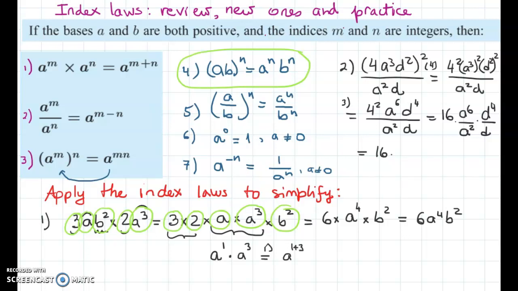So I'm going to use over here the property number 2. That is the one we have here. We haven't used it that much yet today. So I'm going to write that this is a to the power of 6 minus 2, so a to the power of 4. And then we have d to the power of 4 divided by d. Remember that we can see that as d to the power of 1. So we have d to the power of 4 minus 1, so d to the power of 3 is our answer.